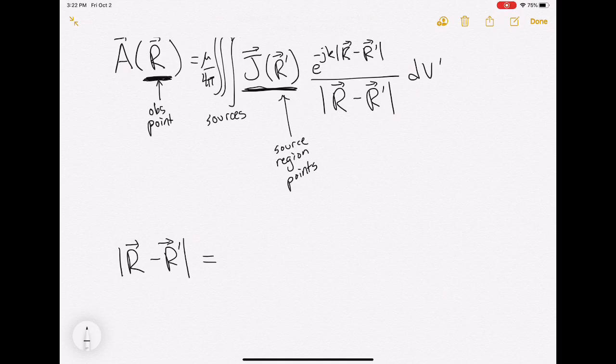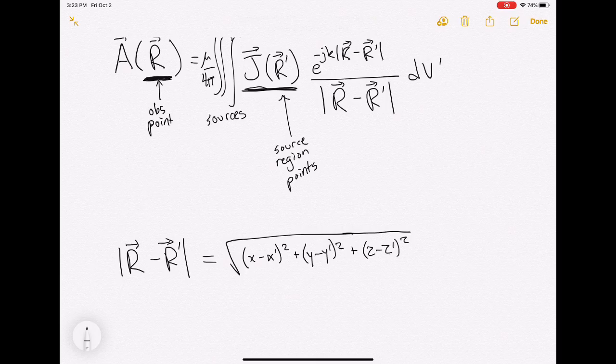And this term turns out to be the square root of a bunch of things that are squared, so it might look like this in Cartesian coordinates. Or in spherical coordinates, it would look like this.